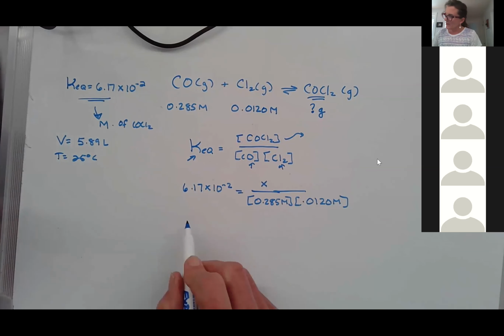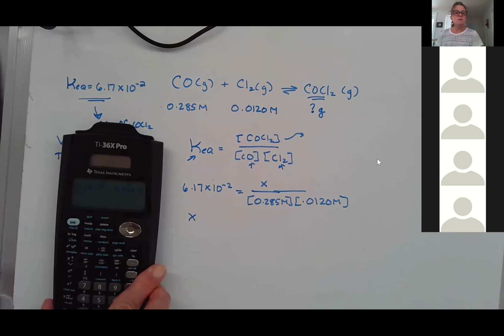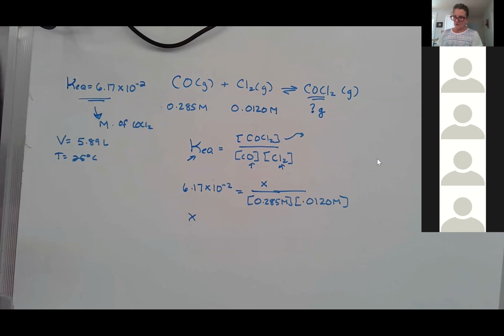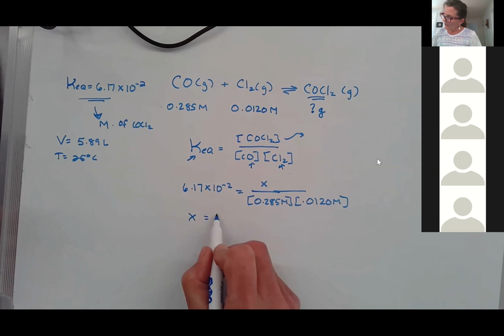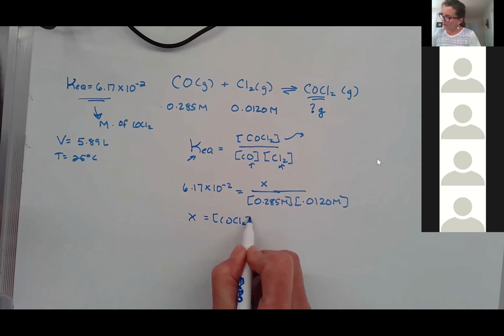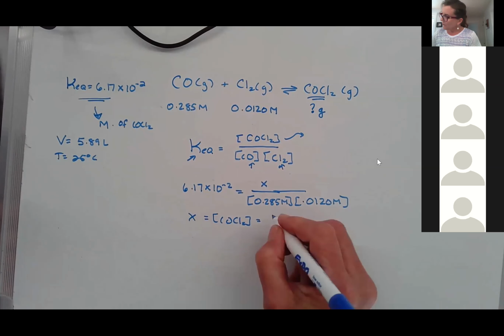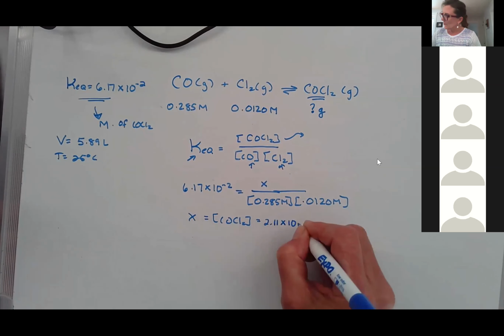So x will be this times those two things: 6.17 times 10 to the negative 2 times 0.285 times 0.012. I get x, my concentration of the COCl2 gas, is 2.11 times 10 to the minus 4.